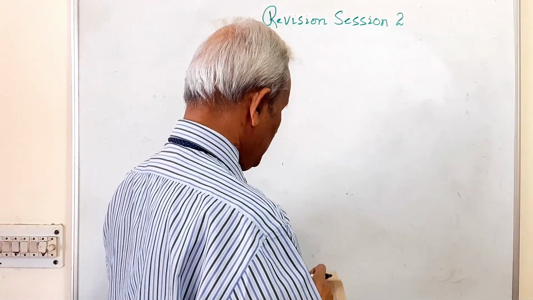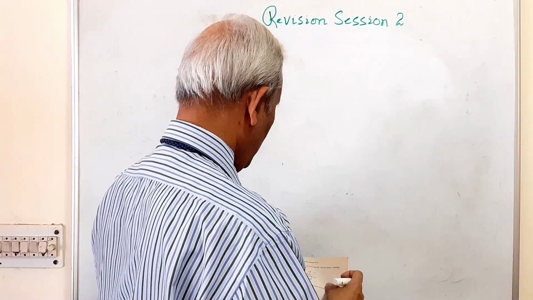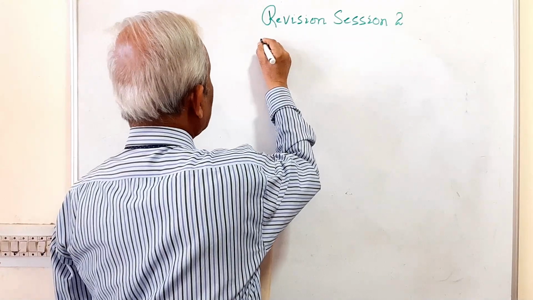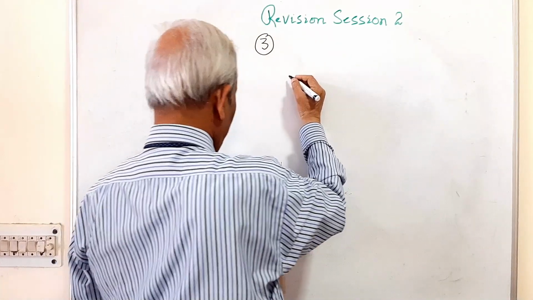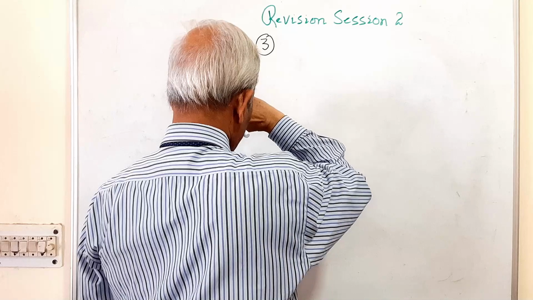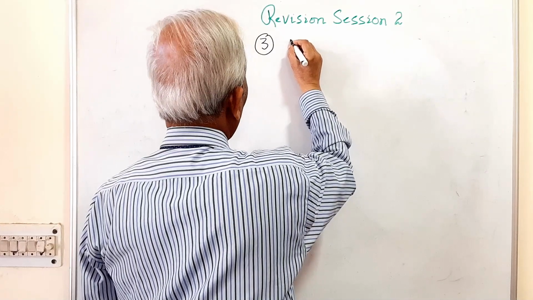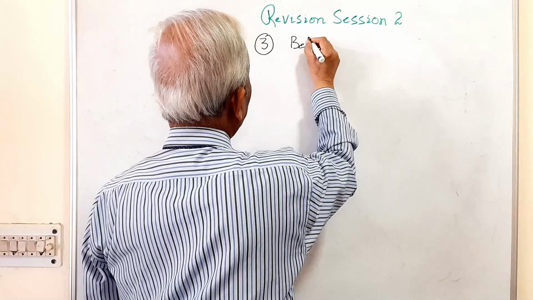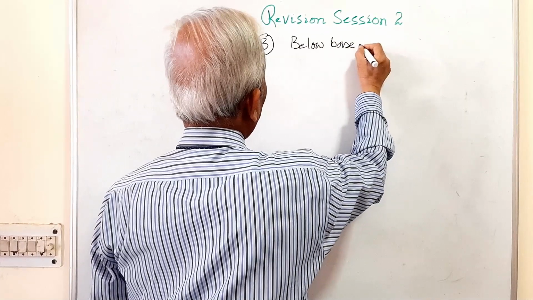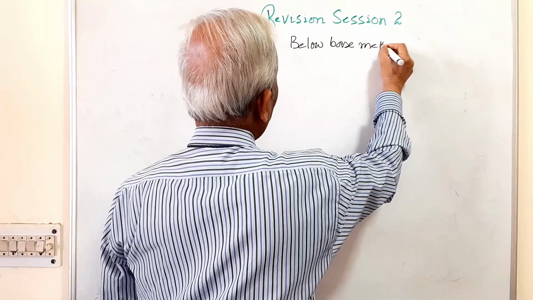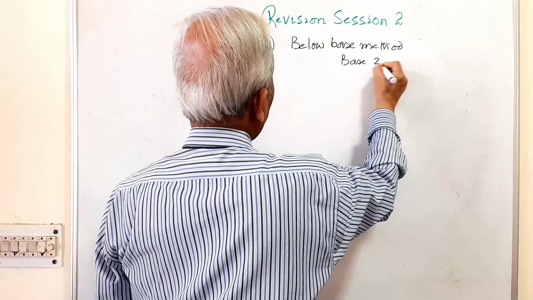Well, the next question is, third question: multiply the following by the below base method, where the base is 20 to 90.